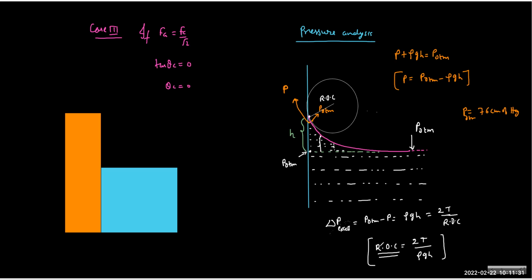So is the pressure analysis part clear to all of you guys? So okay, let me take a quick attendance. So those who are present, raise your hand, and the rest will be removed right away. Actually, if the function of that line is given, then we can also find the ROC, right?